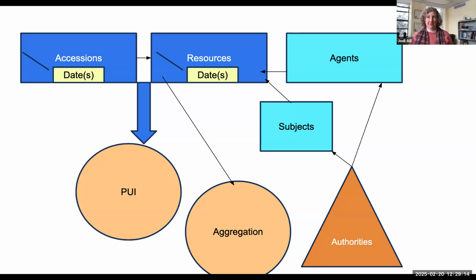My favorite example of that is dates. If you put dates into an accession record, those dates can flow all the way out into the public user interface, into aggregation, into any number of outputs or connections.